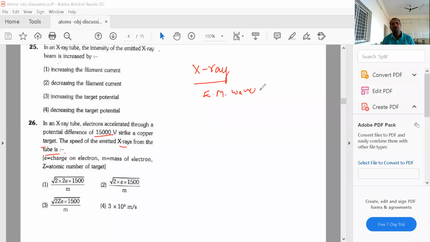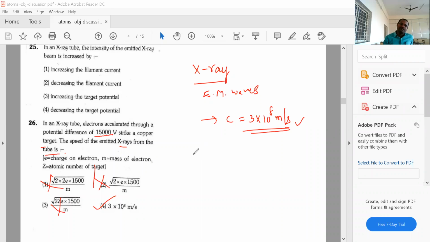All electromagnetic waves move with the speed of light, that is 3 into 10 to the power of 8 meter per second. So no need to think about how they came. Just 3 into 10 to the power of 8 meter per second is the right answer. Are you understanding?